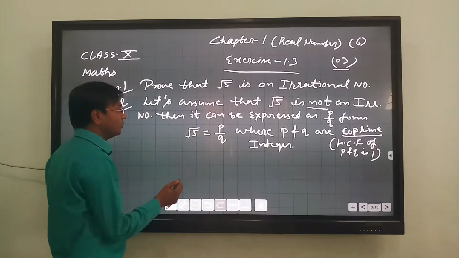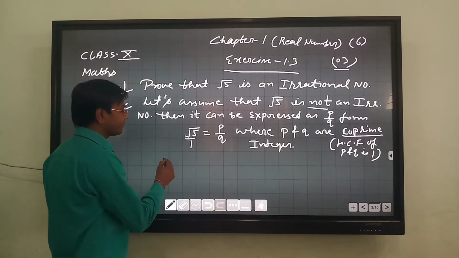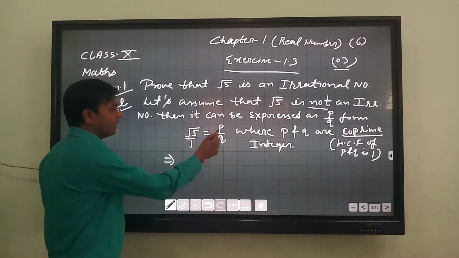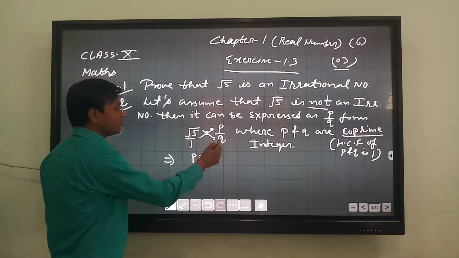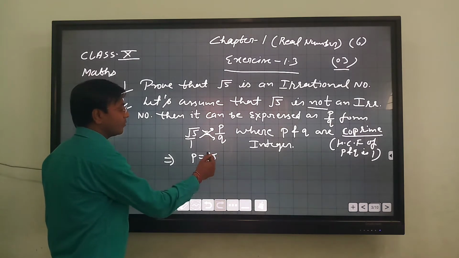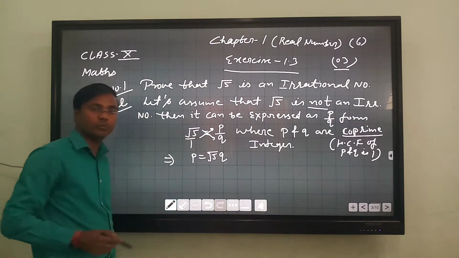On simplifying this by cross multiplication, we get p equals under root 5 into q.